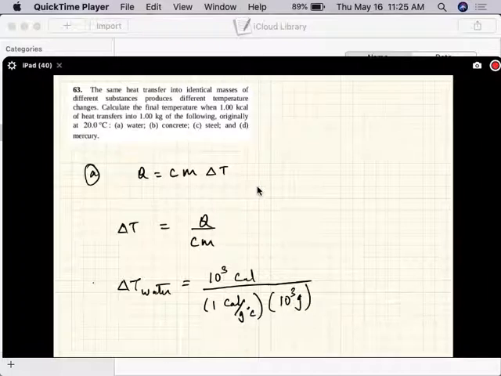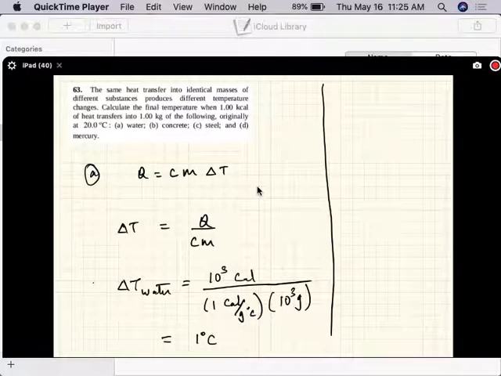So the rise in temperature for water would be 1 degree Celsius. The calories cancel, the grams cancel, and the Celsius comes to the top.